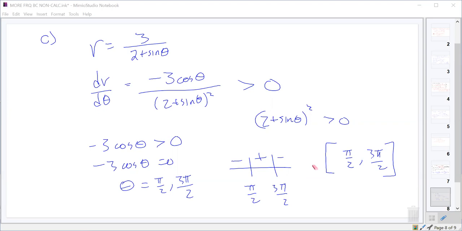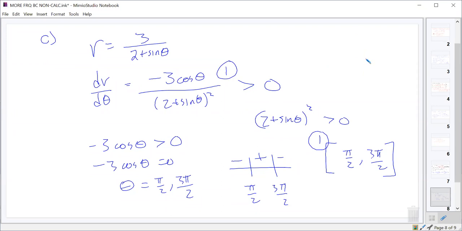And that was worth 2 points, one for the right dr d theta, and one for an answer with some justification as to why. Any questions on that? Could you also just talk about how cosine behaves in the quadrants instead of doing the sign chart?